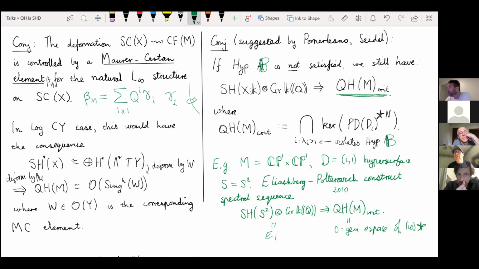Modulo this very special thing, in the log Calabi-Yau case, you can really pin down what this Maurer-Cartan element can look like.